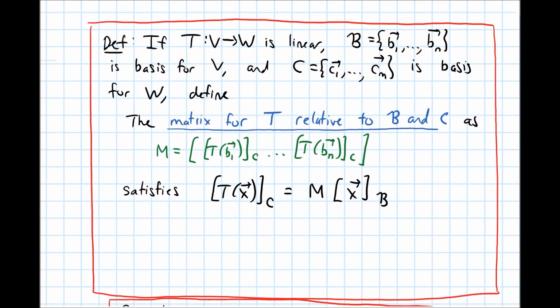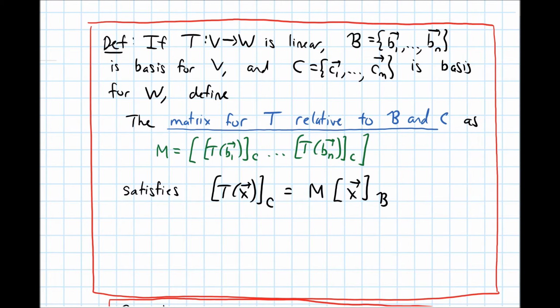The only difference is now we're also applying the transformation T to all of the basis vectors of B. So the first column is T(b1), and then take the C coordinate vector of that, up until the last column, which is T(bn), and then take the C coordinate vector of that.